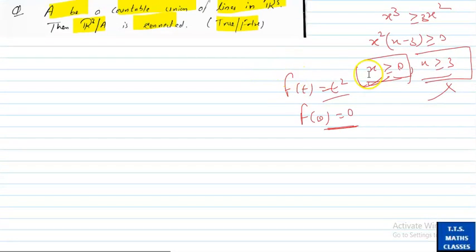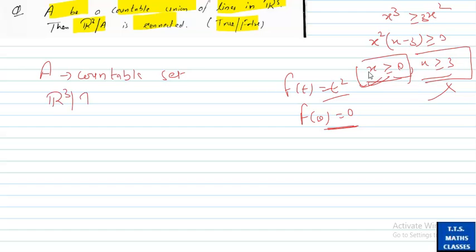Okay, so what they are saying is A is countable. A is any countable set. Then we take R cube upon A. R cube minus A means the elements of A should be subtracted from R cube. It means this type of set contains elements x such that x belongs to R cube, but x does not belong to A. Okay, it is the meaning of this type of set.